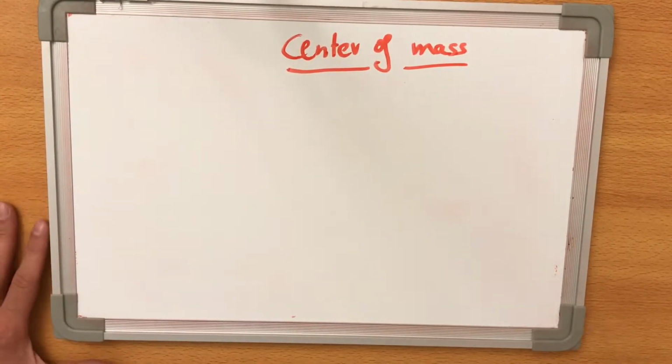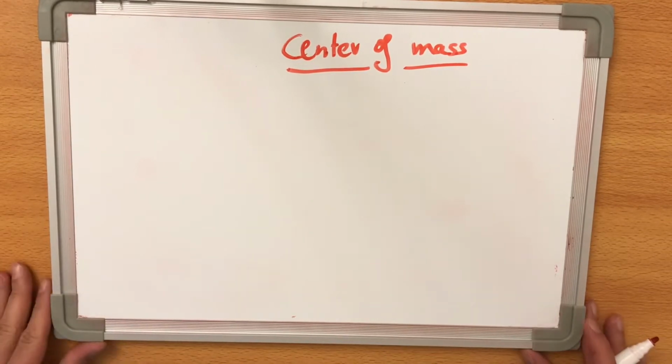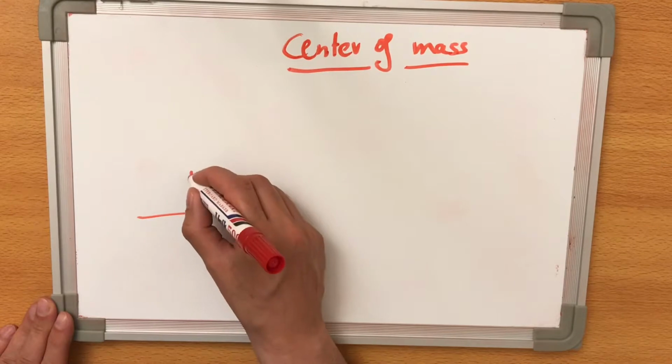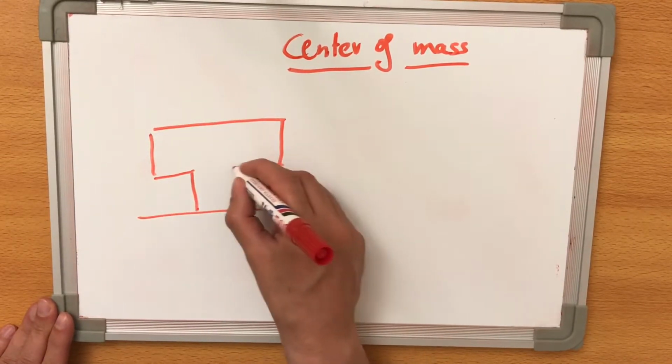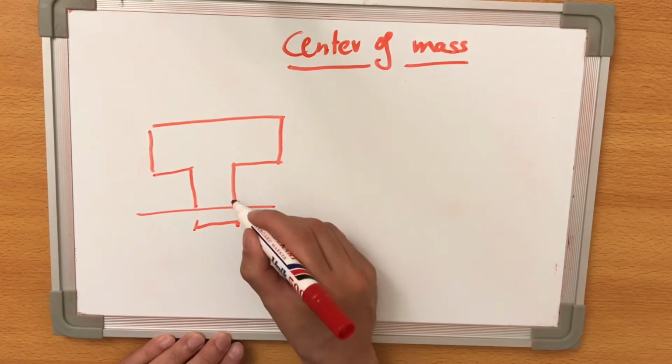Okay. There's something very important about the center of mass. The center of mass should be over the base of the object. If you have an object like that, this is the base of the object.